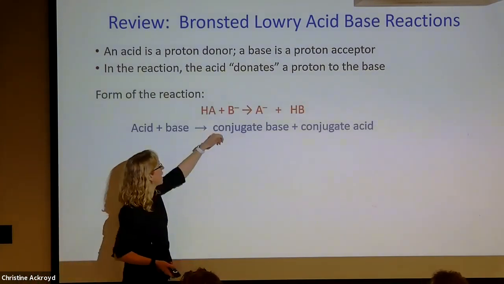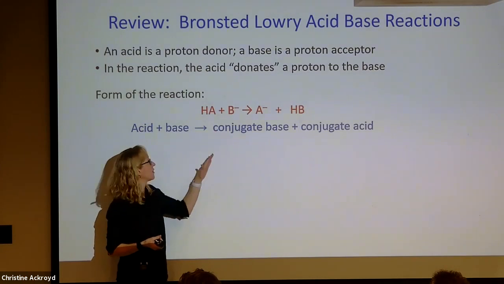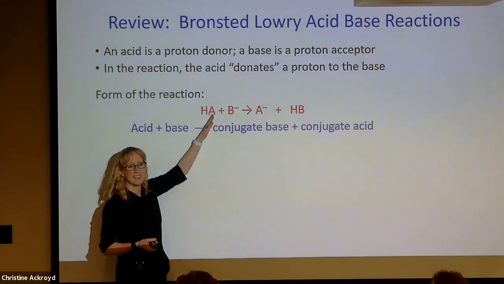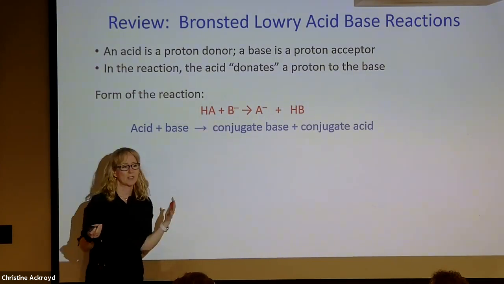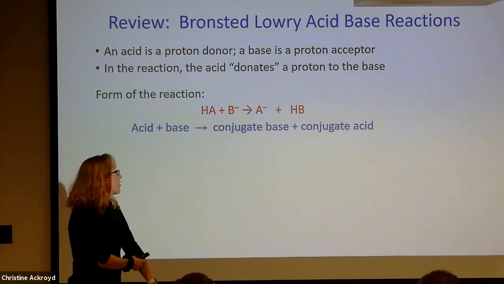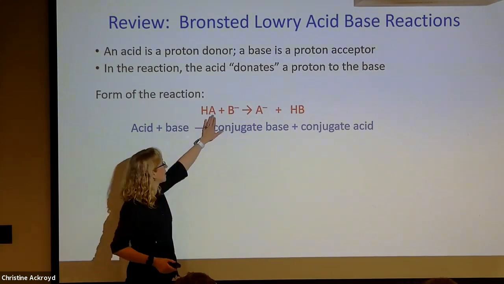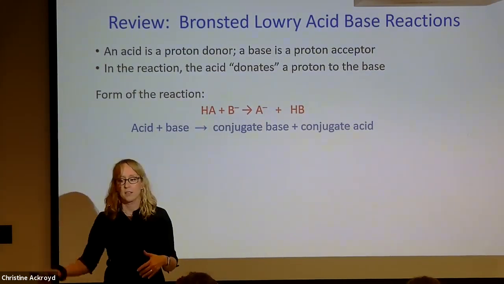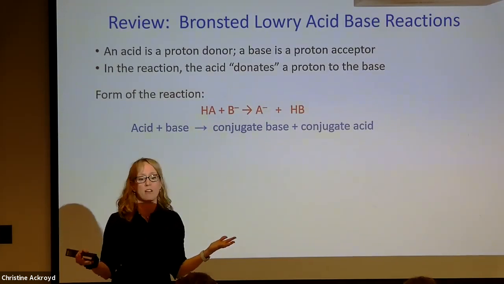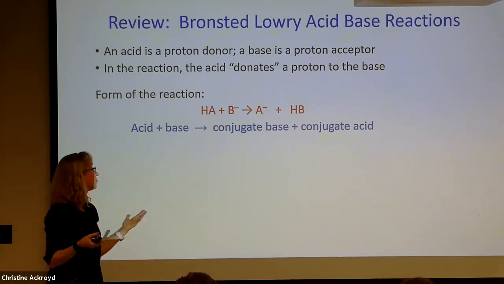So if we look at this reaction from the formula, is A a real acid? It's not a real thing, it's a formula that stands in for the acid. So in HA, this A could be chlorine or fluorine or bromine or hydrogen sulfate, it could be any number of things, right?